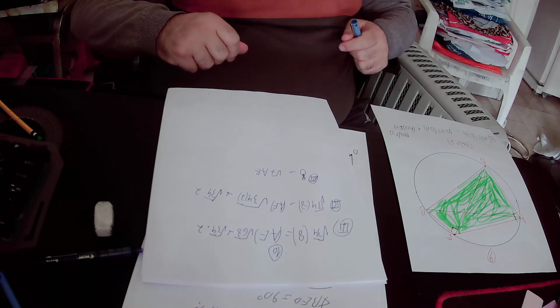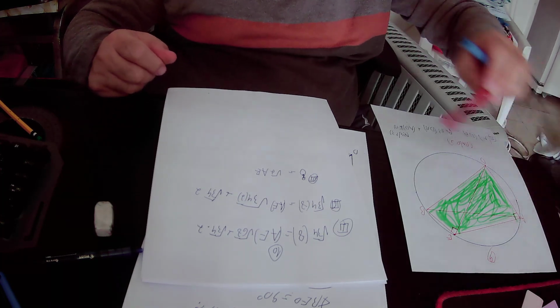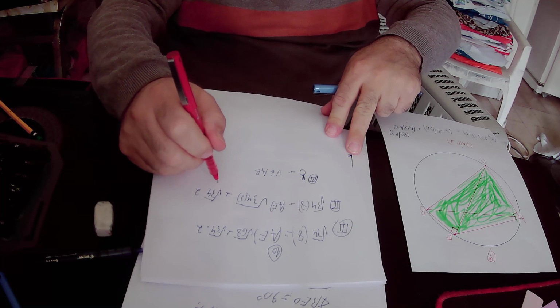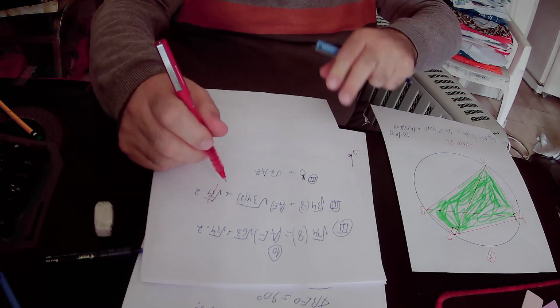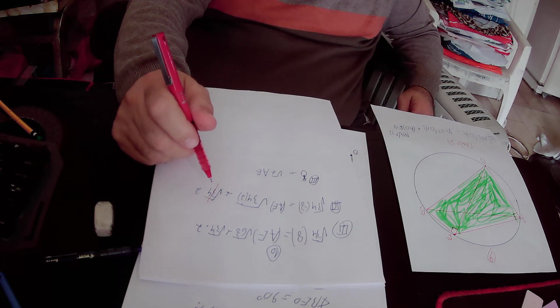Actually here we cancelled square root of 34 because we divided equation number 3 by square root of 34, so 34 gets cancelled.